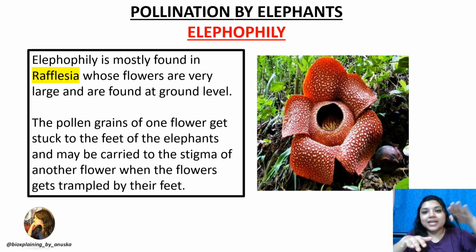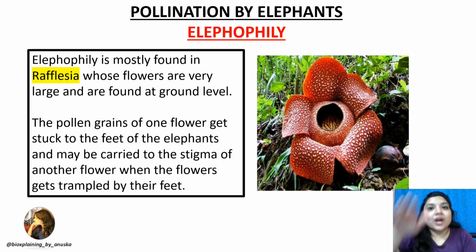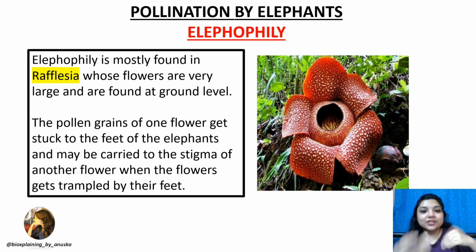Now the elephant keeps walking. So knowingly or unknowingly, the elephant goes and stamps on another Rafflesia flower. So now what happens? The pollen that was stuck to the feet of the elephant now gets transferred to this next flower. So in this way, the pollen got transferred from the anther of the previous flower to the stigma of the next flower, right?